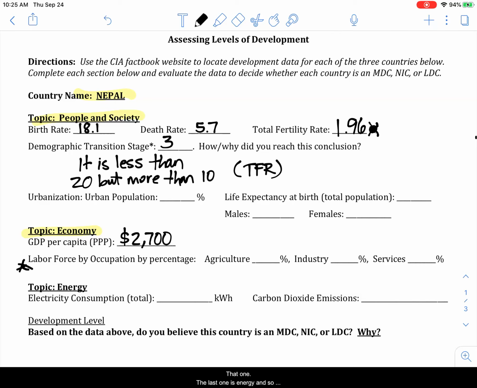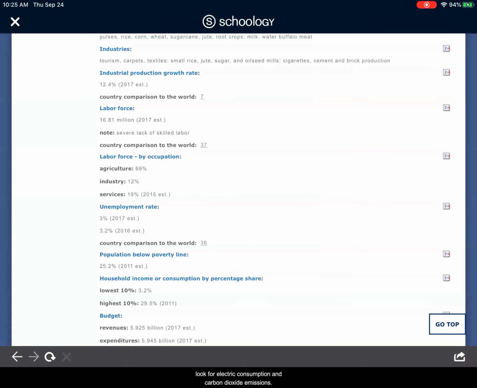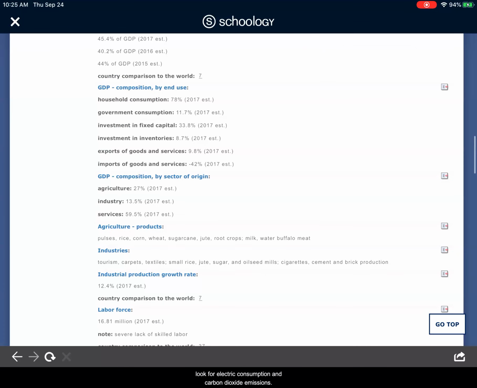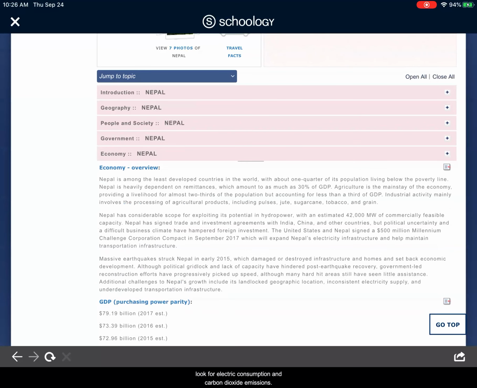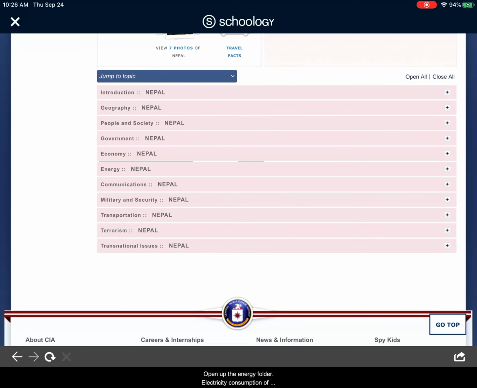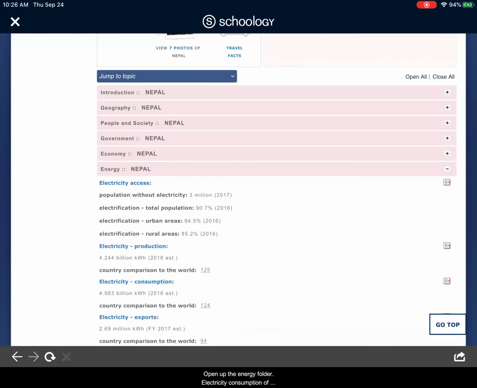The last one is energy. And so it's a different tab or folder. So we're going to go to energy and we're going to look for electric consumption and carbon dioxide emissions. Open up the energy folder.